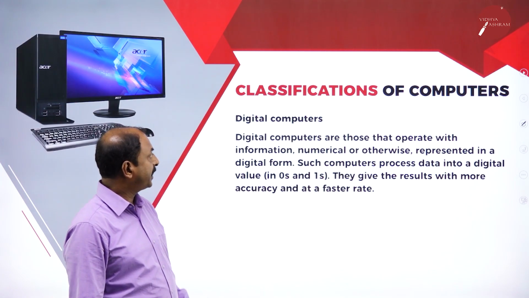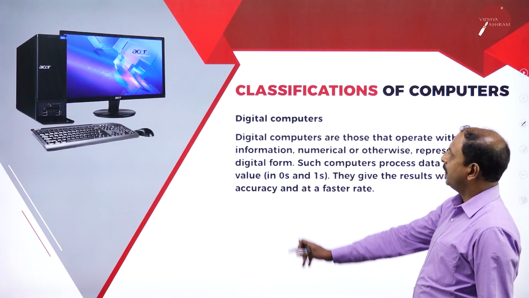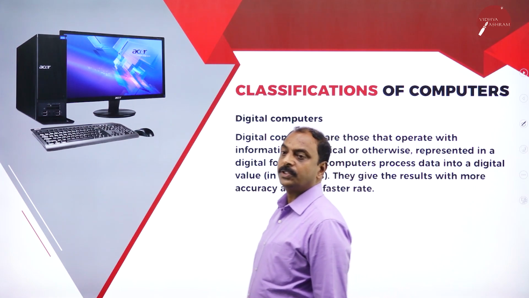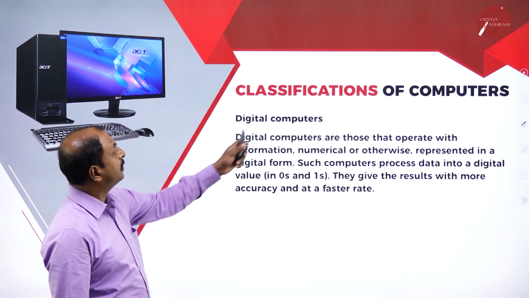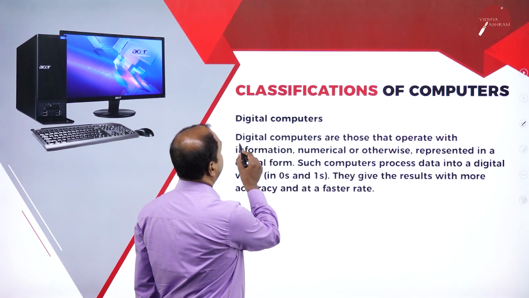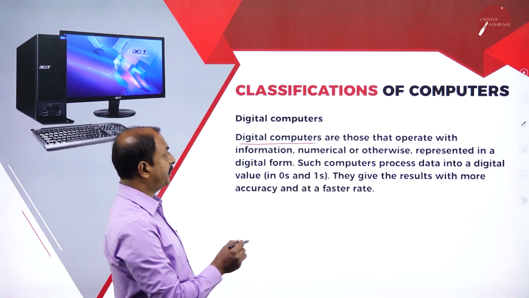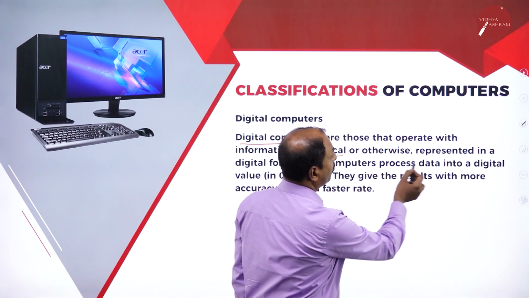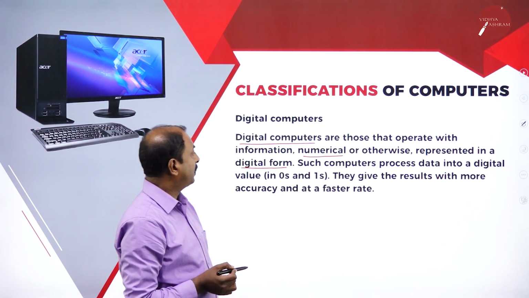Now let us move on to the next slide. The next type of classification is the digital computer. Nowadays, we are using digital computers. So what are digital computers? Digital computers are those that operate with information, numerical values, or otherwise represented in a digital form. What is the meaning of digital form?